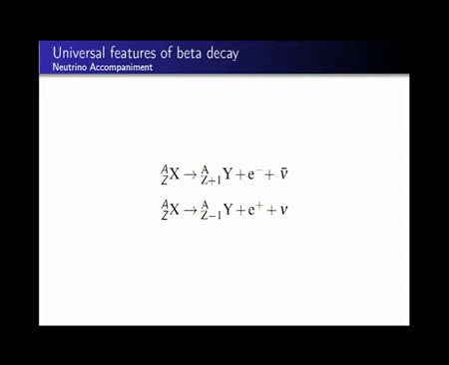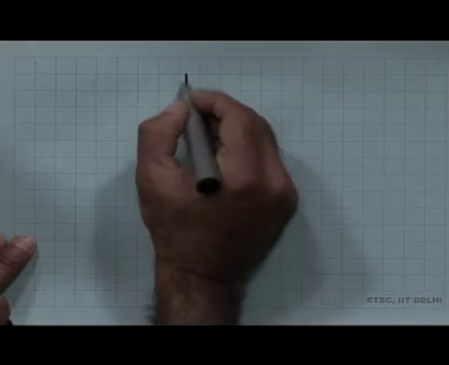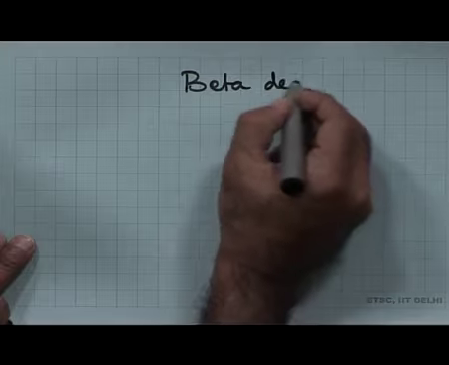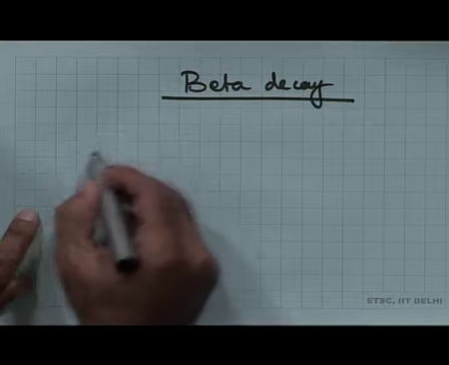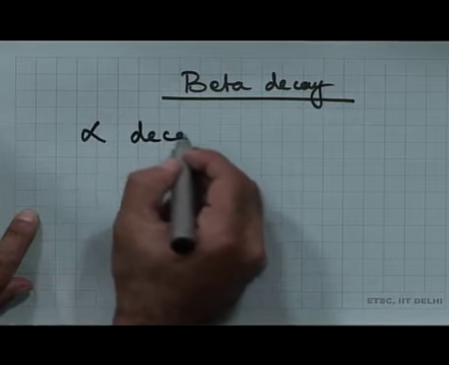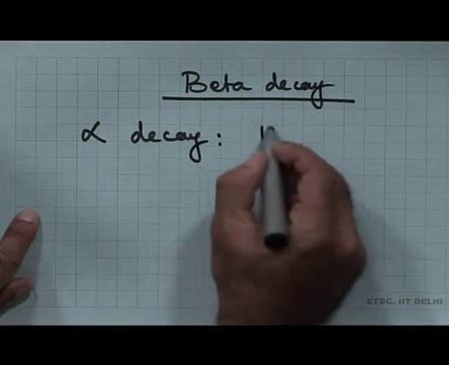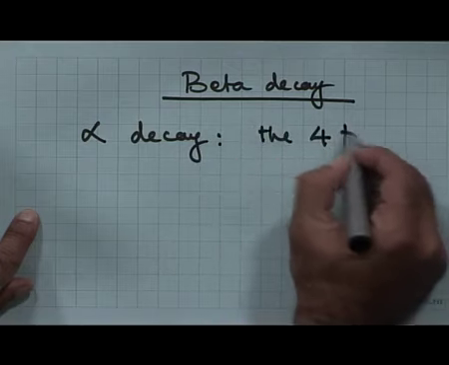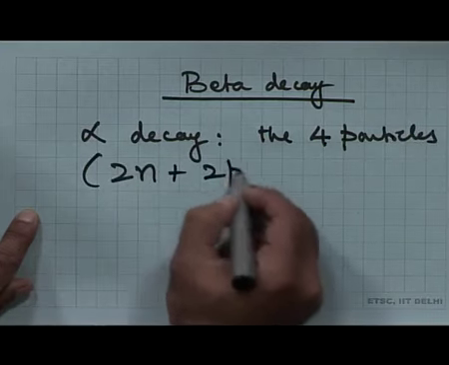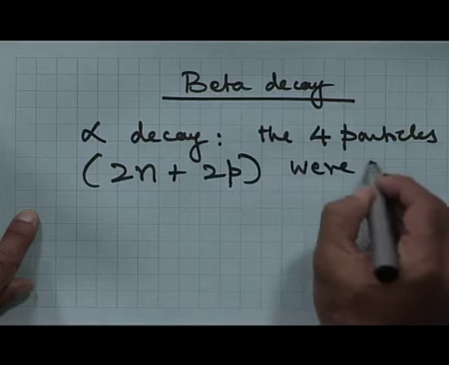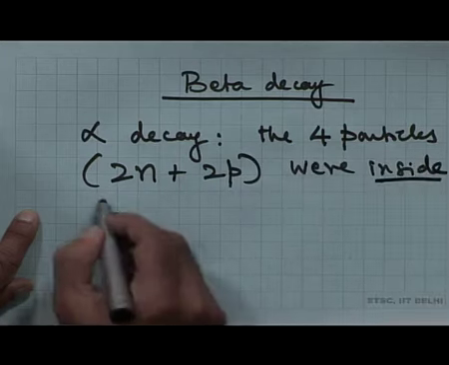What then is the difference between alpha decay and beta decay? So let us spend some time on that. That is very, very important. I have already hinted at that for you. In the case of alpha decay, the 4 particles, 2 neutrons plus 2 protons, were inside the nucleus.